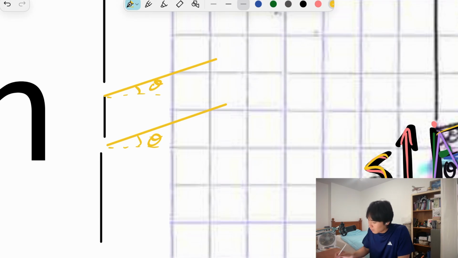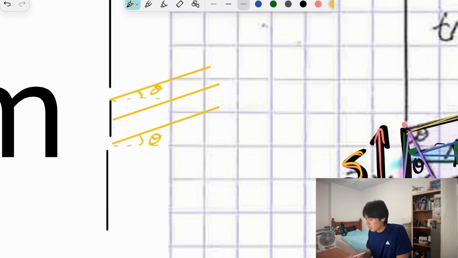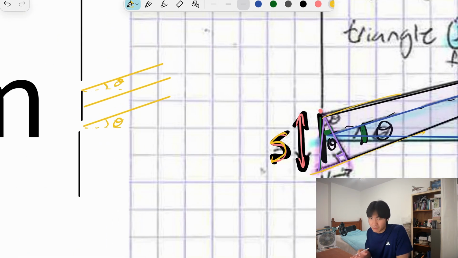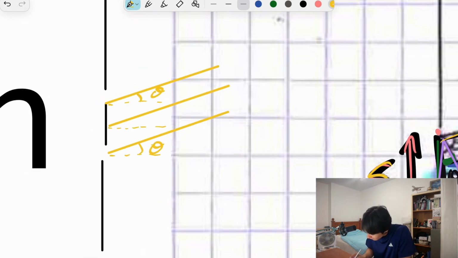And then as we said, if we draw another little line in the middle in between, just so that we can assume that's an approximation of the angle here as well, we can also say that this is theta as well, right? These are the same angle. And then imagine we draw this line down here, right?